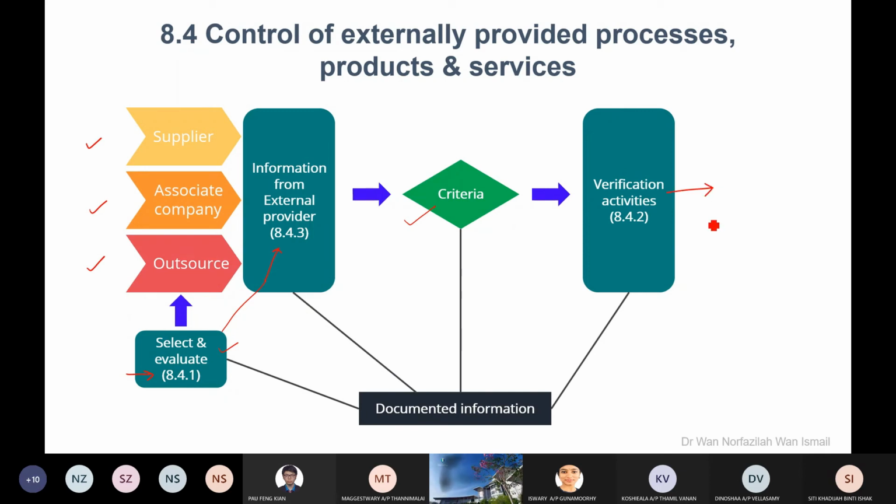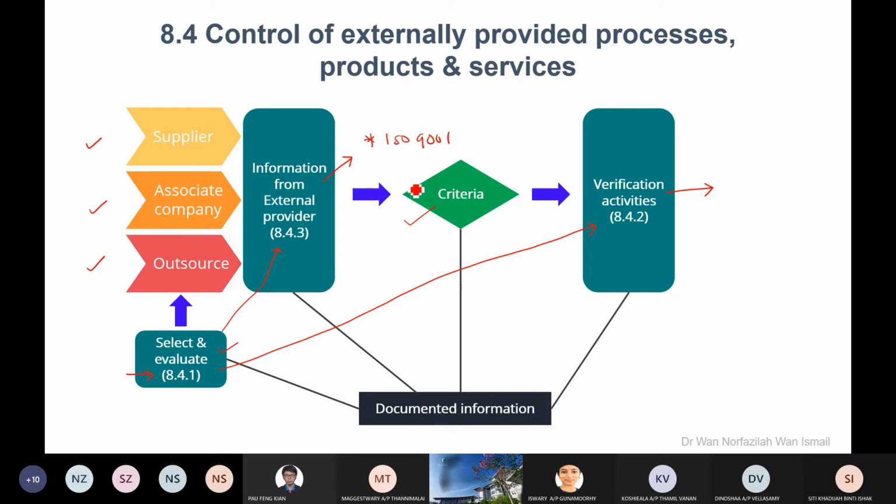Decide on one, then you need to evaluate them as well as verify the activities provided by this outsource. So we have 8.4.1, select and evaluate, then 8.4.2, verification activities, where you verify their activities. One of the very important pieces of information is that the external providers should be certified with ISO 9001 as well.